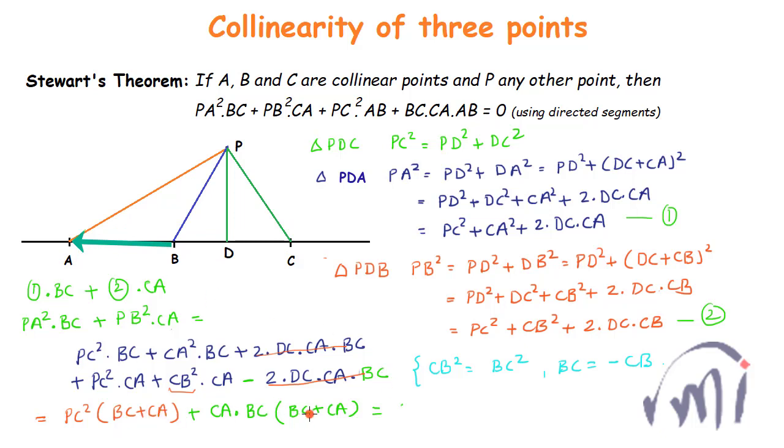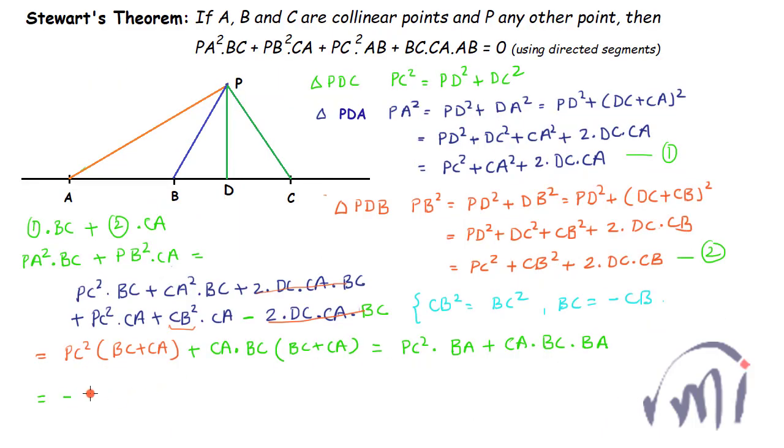So the first term can be written as PC square dot BA plus the second term can be written as CA dot BC dot BA, and this BA is actually equal to negative of AB, so this can be written as minus of PC square dot AB minus CA dot BC dot AB, right?